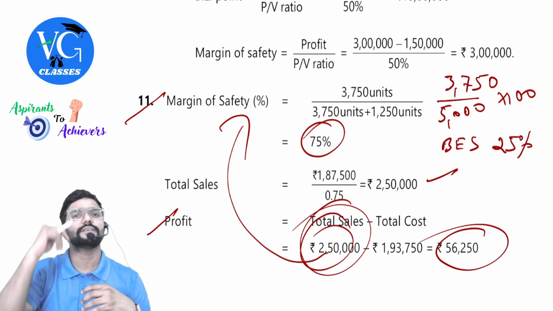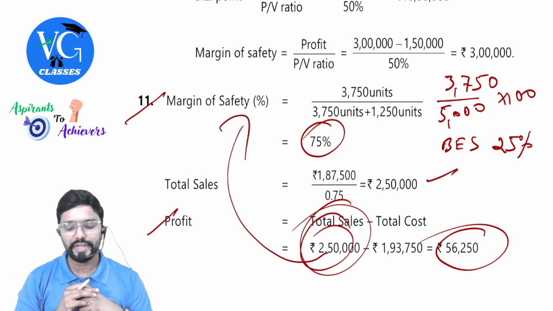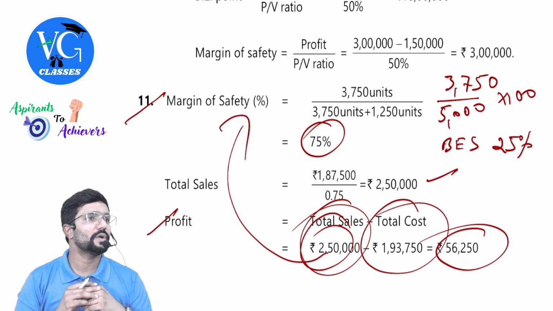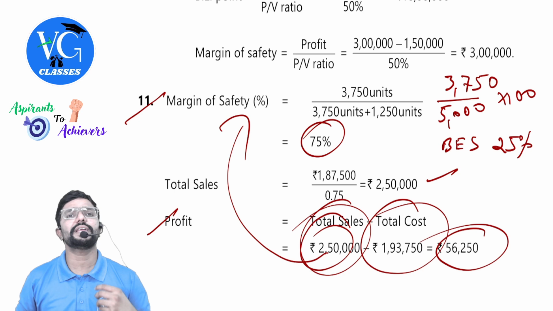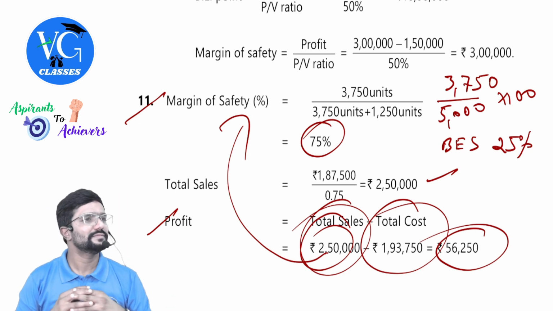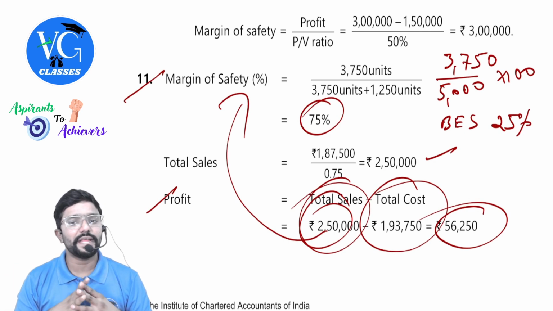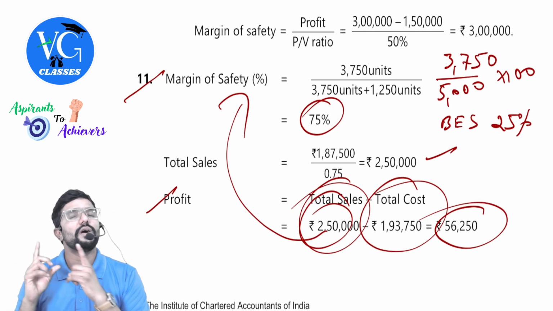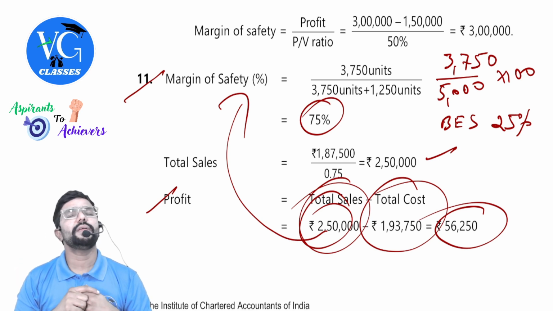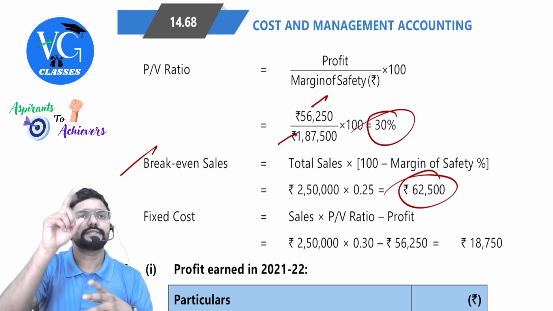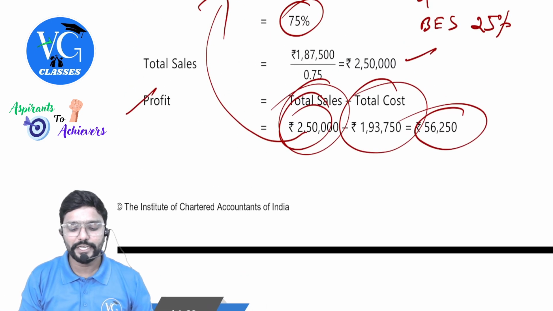Another alternate formula is fixed cost divided by PV ratio. Fixed cost we need to find out because only total cost is given. How can we calculate, sir? First calculate variable. Total cost is 193,750. Now, how much is my PV ratio? 30%. So how much is variable cost? 70%. So 70% into sales.